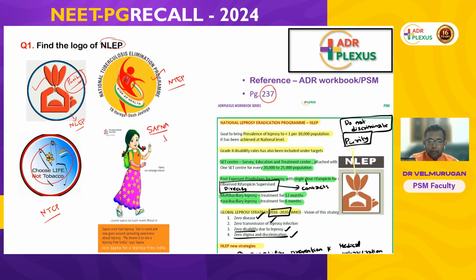This is the campaign mascot for our National Leprosy Eradication Program. She is a school going child, she is cured, she once had leprosy, and now she goes around creating awareness about leprosy.